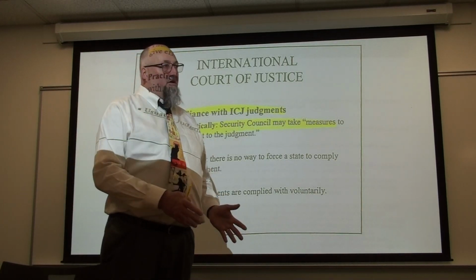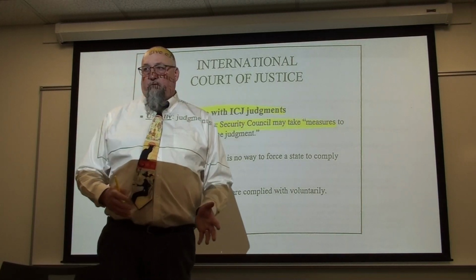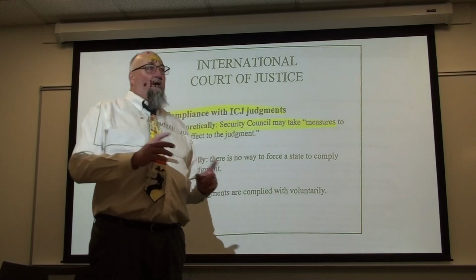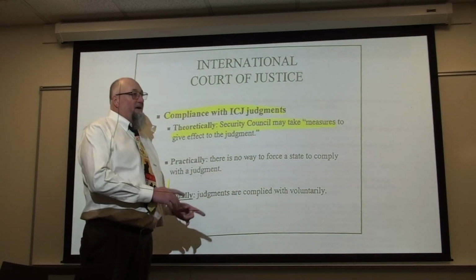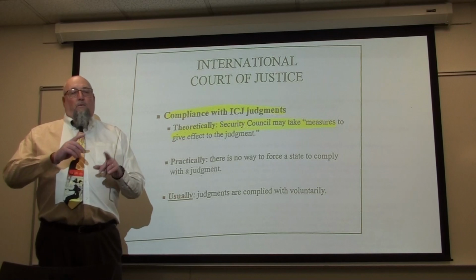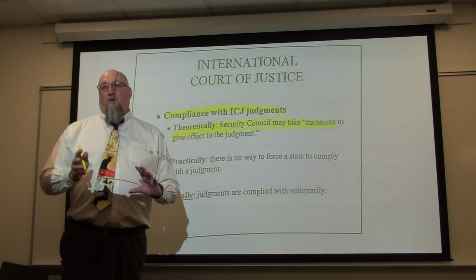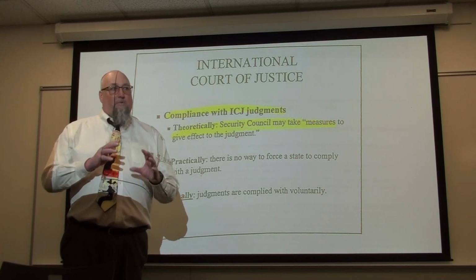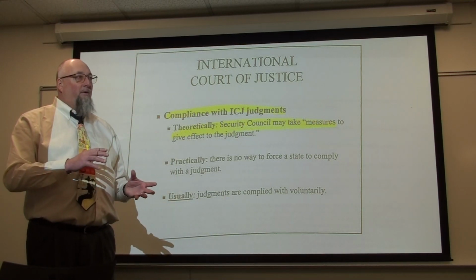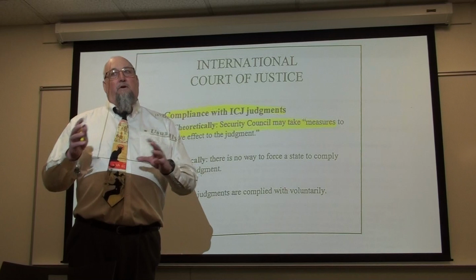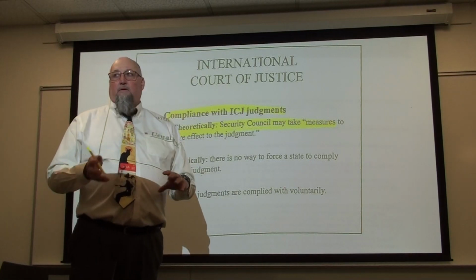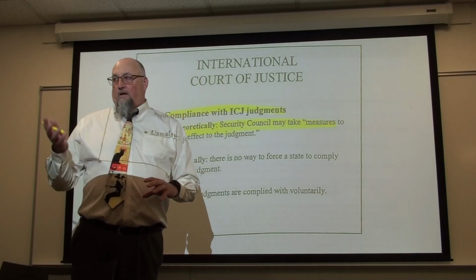It's then referred to the Security Council for enforcement, which means that all 5 permanent members must agree on that enforcement. Now, what that also means in the real world is all 5 of the permanent members essentially have veto power over the court, right? In a manner of looking at it.